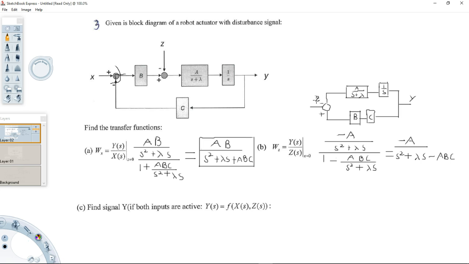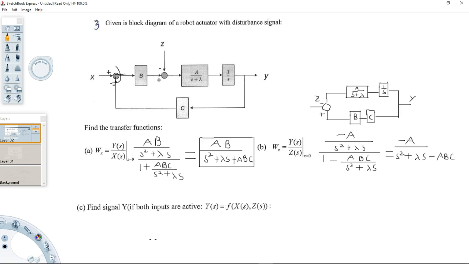And also, as z goes into the system, it becomes a negative sign. So this is why you have a negative A starting here. It might look a little different because I didn't draw the junction on top like where you normally have it, but these systems are equivalent. This would be the same as if I put this junction on top and fed the system into here. It just might look a little different.